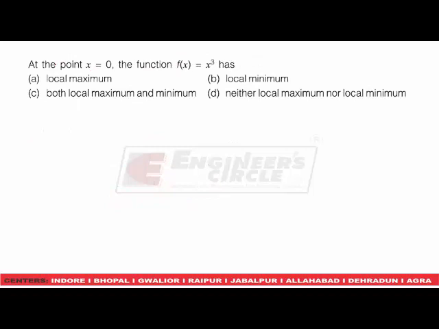The next question is, at the point x equal to 0, the function f(x) equal to x cube has: local maximum, local minimum, both local maximum and minimum, or neither local maximum nor local minimum. Now at x equal to 0, the function has value equal to 0, and at x just less than 0, the value is negative, and at x just greater than 0, the value is positive.